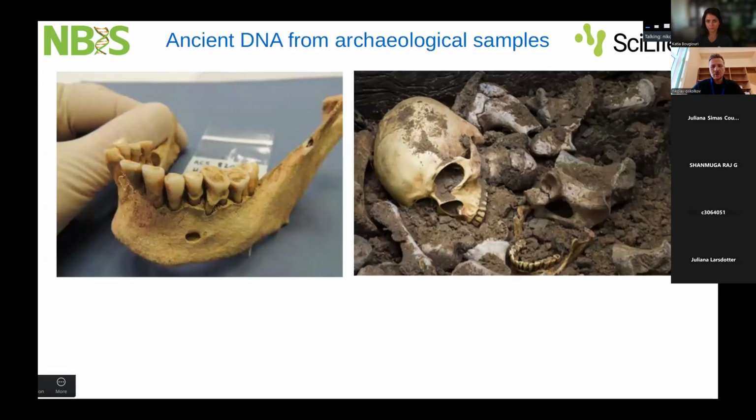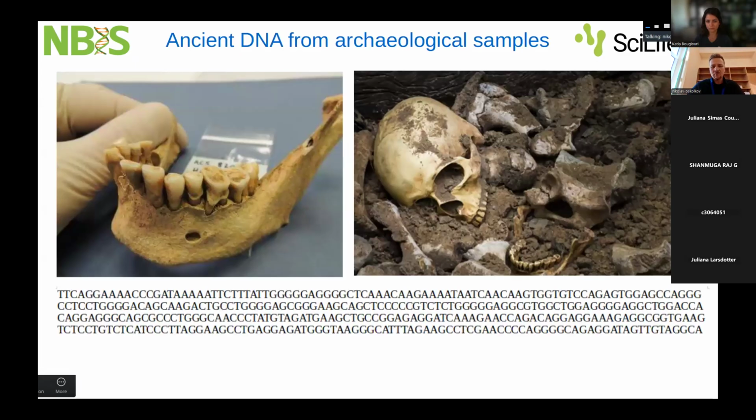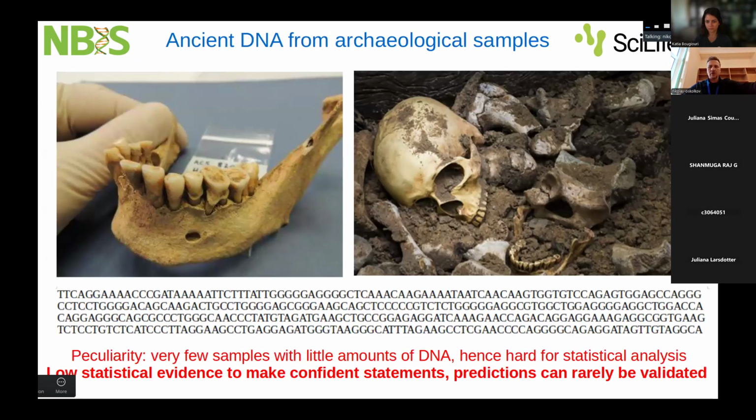So ancient DNA, it's a sort of DNA from archaeological samples. To my naive understanding, some people may disagree with this definition. But for me, as a data analyst, I think so. I'm thinking about these limitations of ancient DNA compared to, for example, medical genomics. In ancient DNA, we are working with very little DNA, and it's very hard to do any statistical analysis.